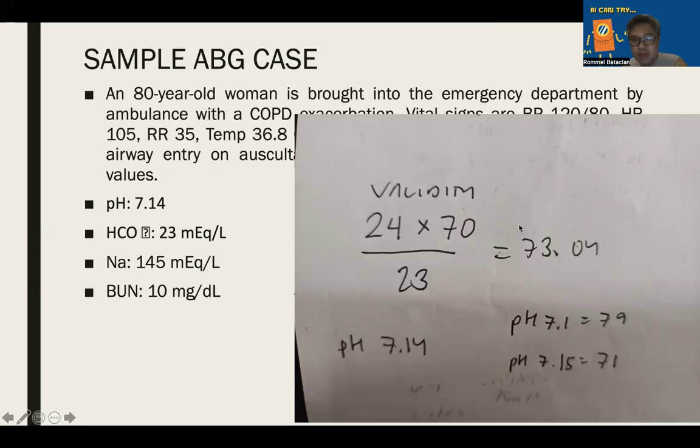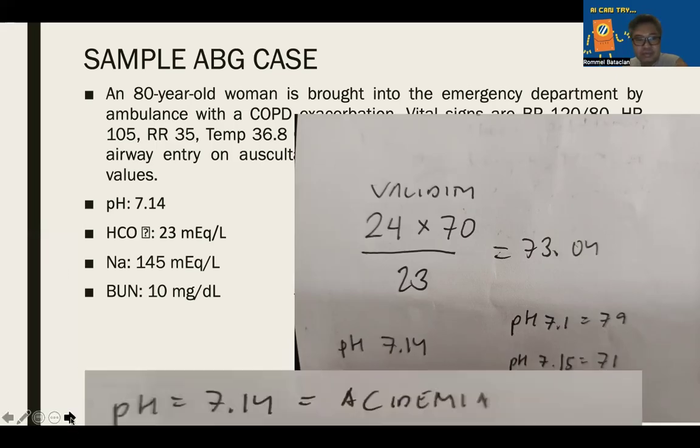So since 7.14 is in between or nearer to 7.15 and 73.04, in terms of approximation, it is consistent. So therefore, this sample is a valid specimen for ABG analysis.